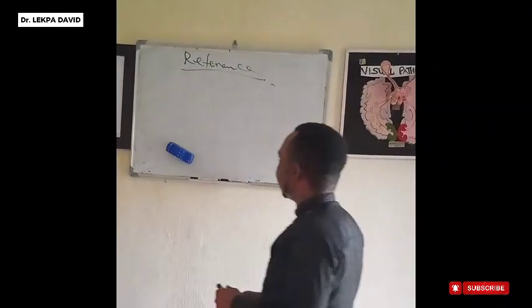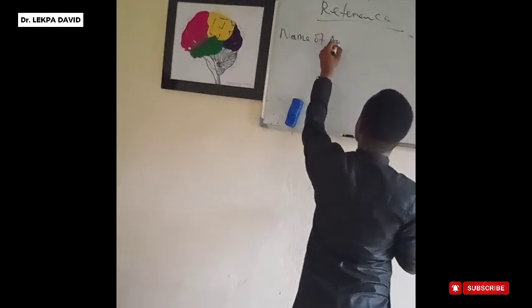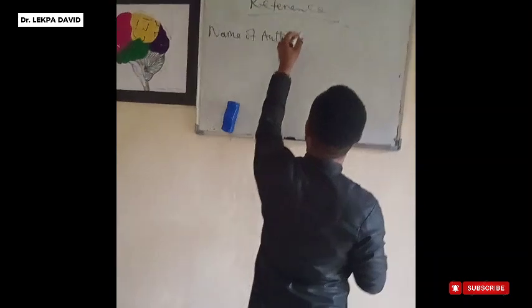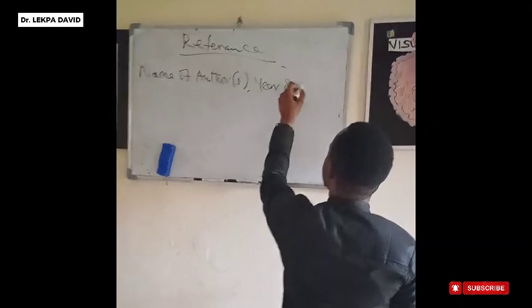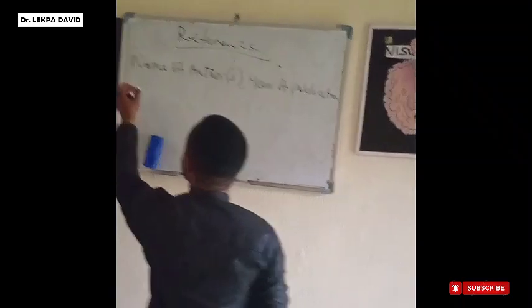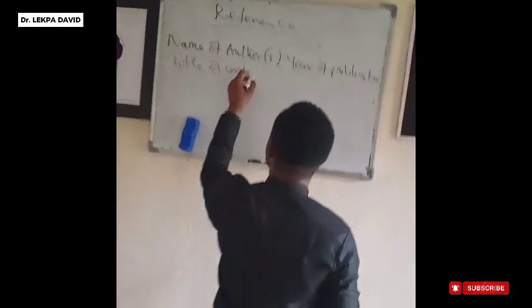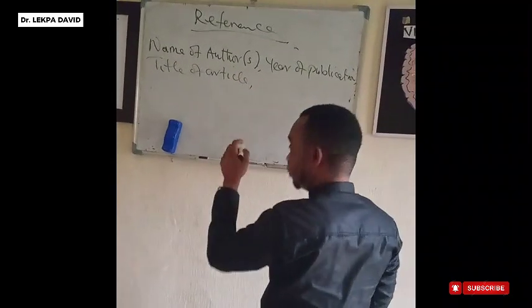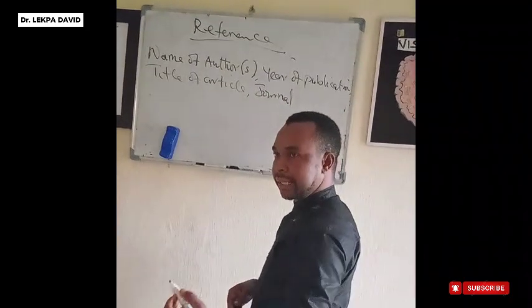Now, APA referencing style said that you write the name of author or authors, year of publication, comma, title of article, journal, which is where you get articles from.